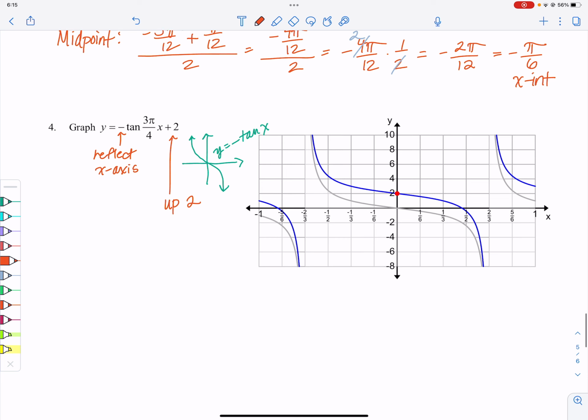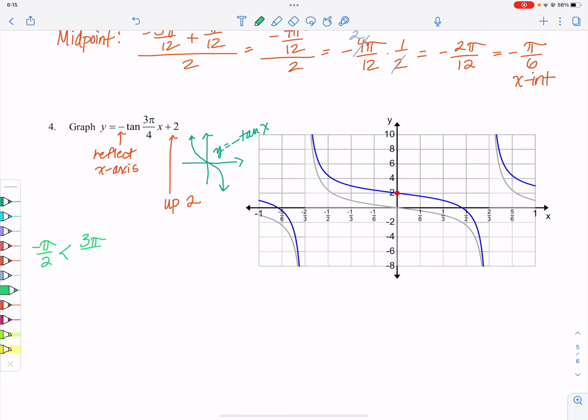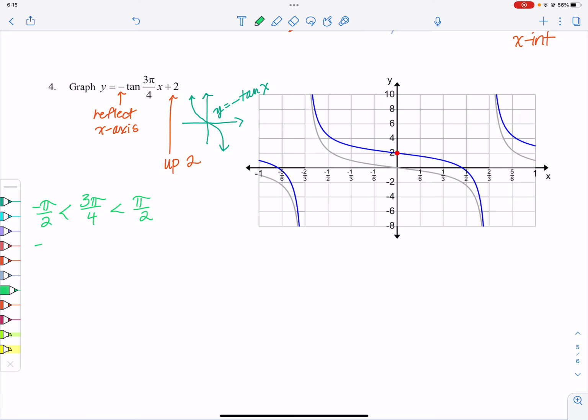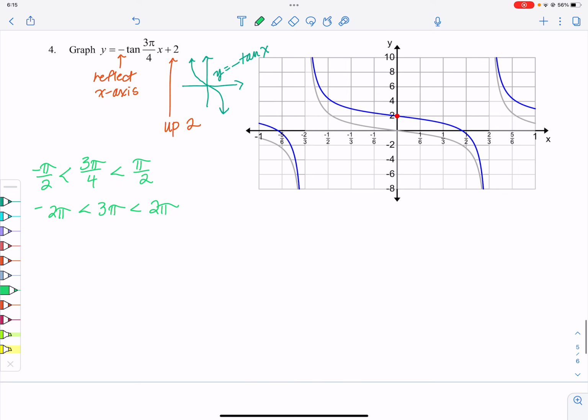And let's go ahead and put that interval in between negative pi over 2 and pi over 2. So now multiply everything by 4. And then dividing by 3. I think I forgot an x in here.